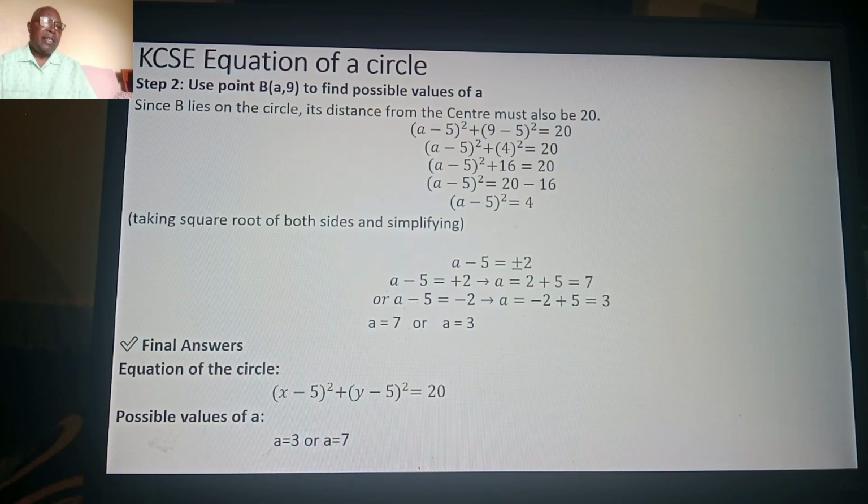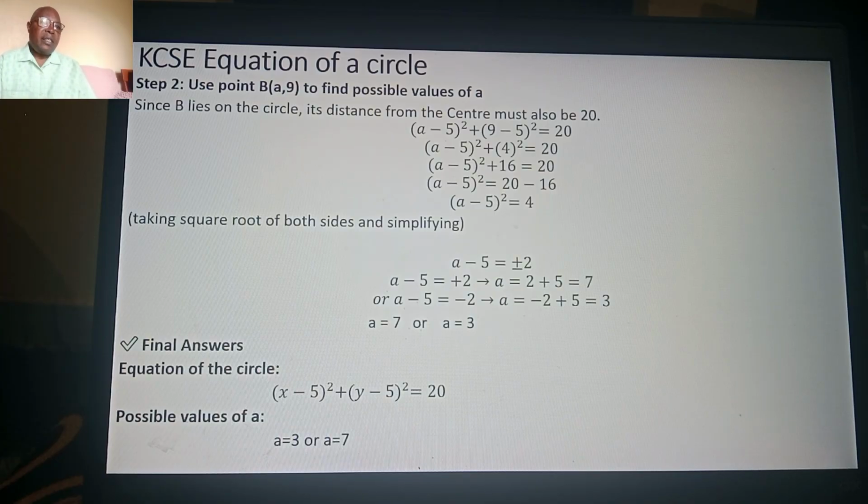So a minus 5 is equal to plus or minus 2. We take the positive root, and we have a minus 5 is equal to plus 2, which implies a is equal to 2 plus 5 equals 7. That is, we add 5 to both sides, and a minus 5 is equal to negative 2 implies a is equal to negative 2 plus 5, which is 3. And therefore, a is equal to 7 or a is equal to 3.